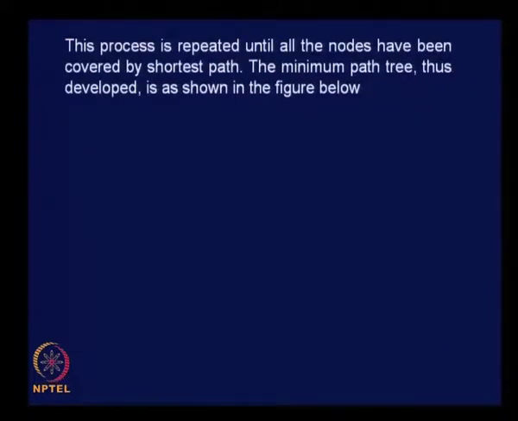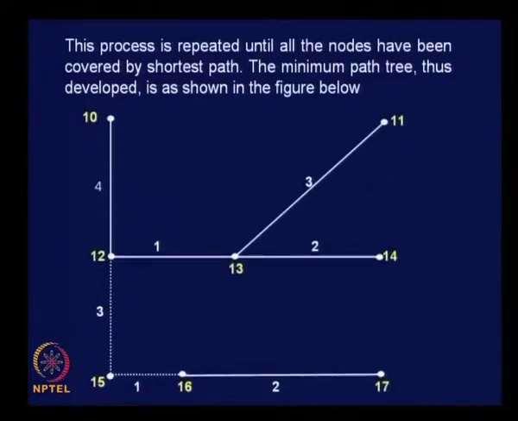This process is repeated until all the nodes have been covered by shortest path. The minimum path tree thus developed will be as shown in the figure. This is the minimum path tree. You can see that a number of links have become redundant and hence removed from the minimum path tree.